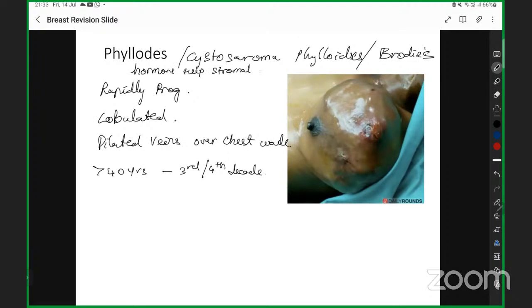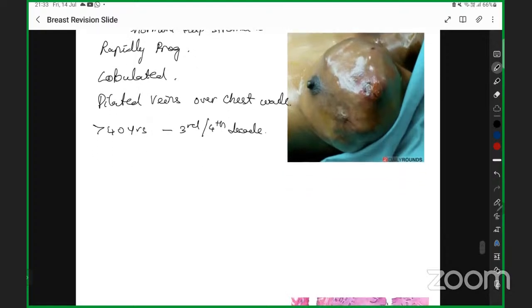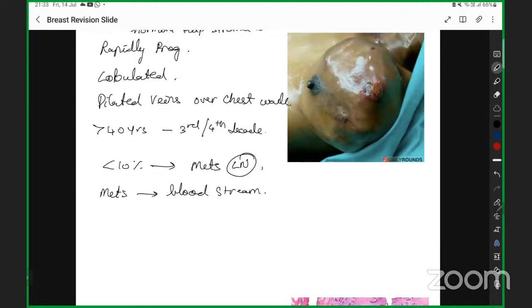So hormone responsive stromal cells are involved in the phylloid tumor. Very clear. Less than 10% can go for metastasis to the lymph node. If you ask how metastasis happens, the usual route is the bloodstream. Again, less than 10% most commonly go for malignancy.